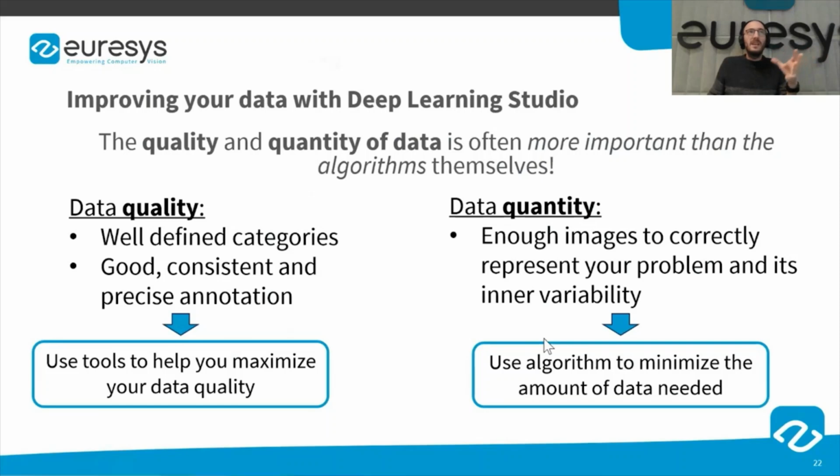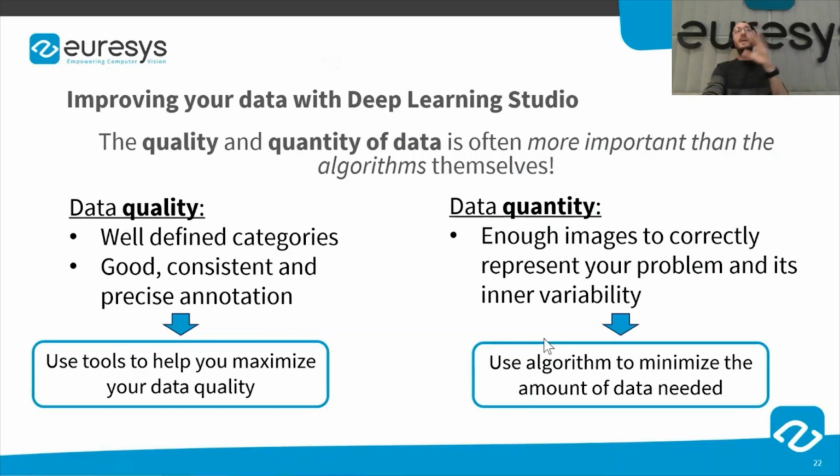By data quality, I mean, for example, well-defined categories, good, consistent, and precise annotation. And in Deep Learning Studio, we try to give you the tool to maximize this quality. For data quantity, it's simply having enough images to correctly represent your problem. Its inner variability. It really depends on your particular application and on the model, how much data you will need. Our goal here at Euresys is to implement algorithm that will minimize the amount of data that you need, but you will still need a certain amount of it.